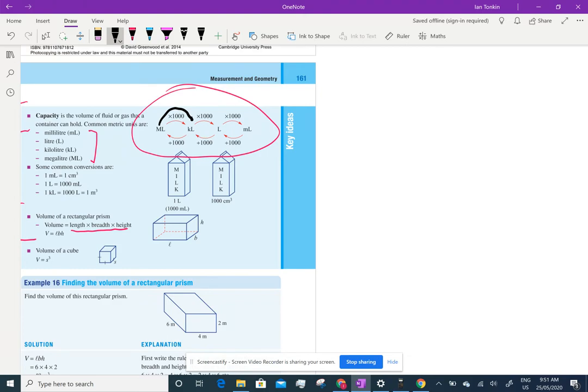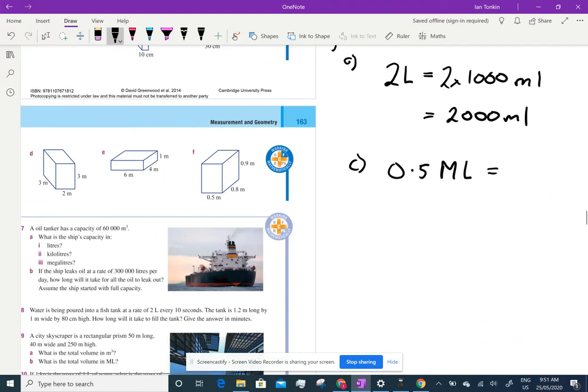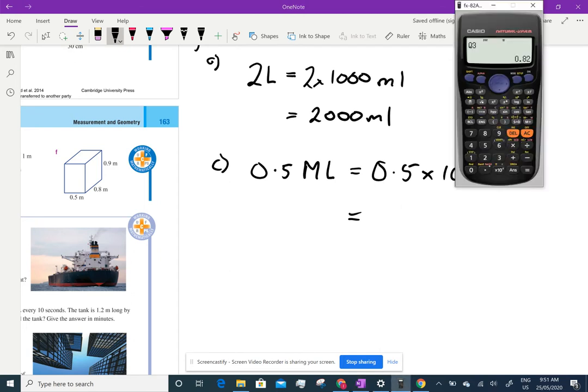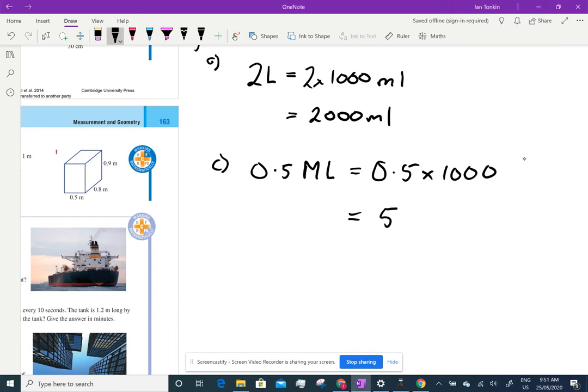Well, that's multiplying by 1,000 as well. So 0.5 times 1,000. Now I know what that is, but I'm going to use my calculator, and so should you, just to make sure. It's 500, and that's kilolitres, 500 kilolitres.